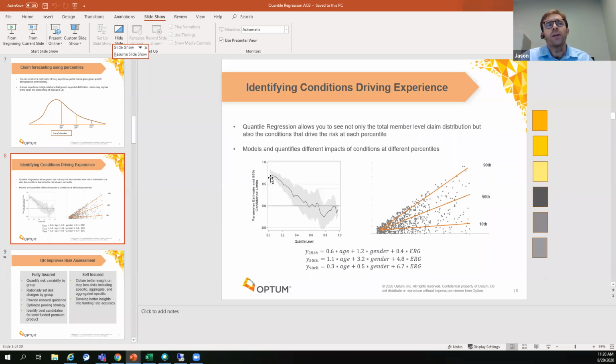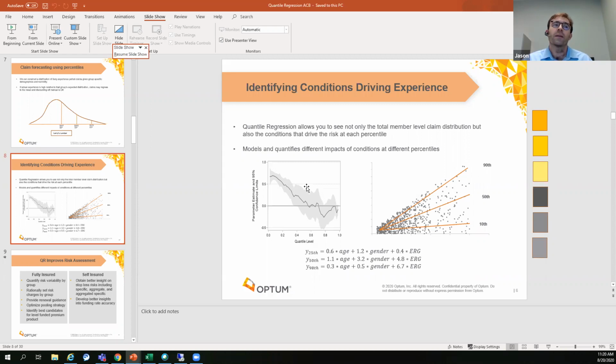Now, gender makes a big difference at the low and middle parts of your claim distribution, in the sense of maternity costs, or the fact that females take better care of themselves in terms of preventative care.